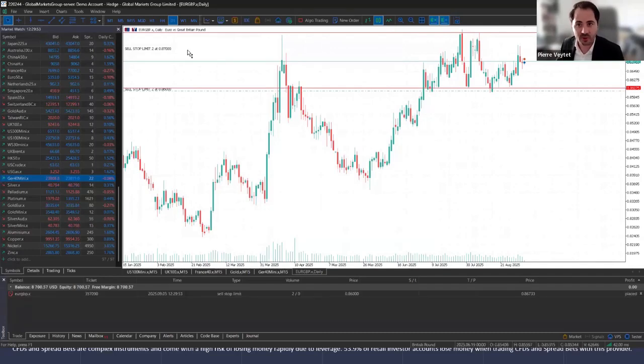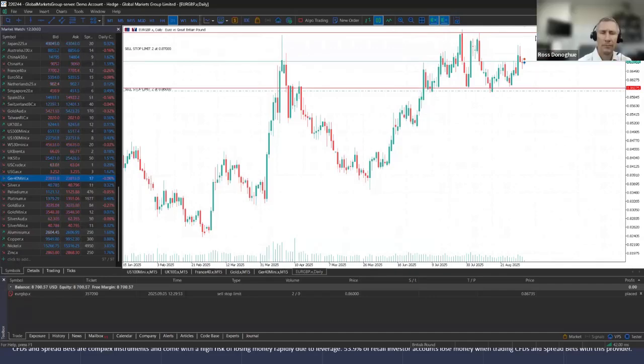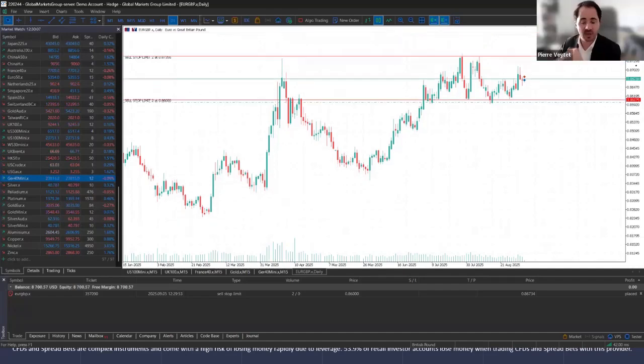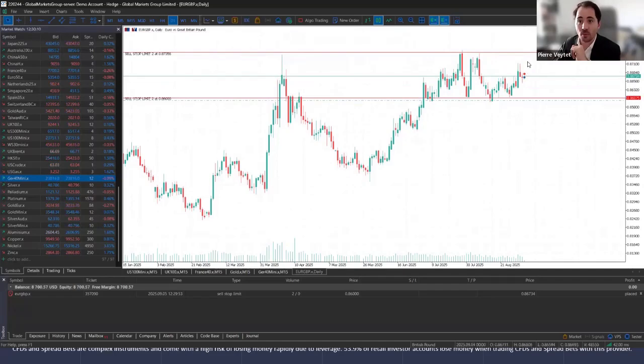Okay, so now I don't know if you can see it because I have the white background. Okay, you can? All right. Let me move it right there to the top of the consolidation. So let's say now I have a sell stop limit. So that means when the market is going to go there, it's going to trigger a sell stop limit.